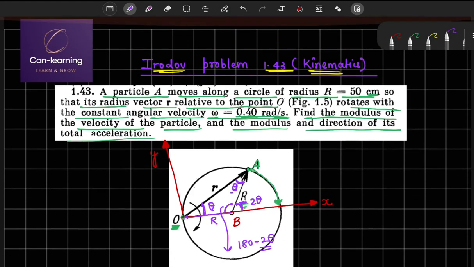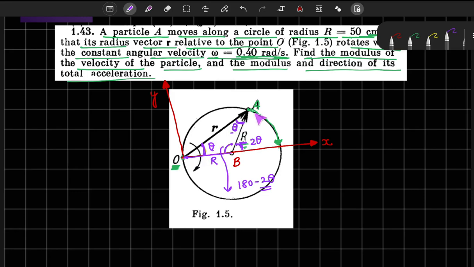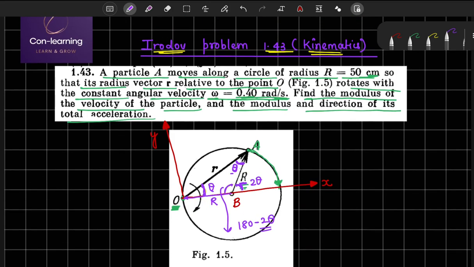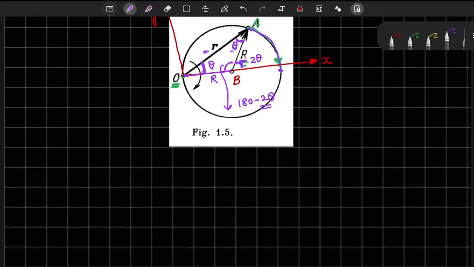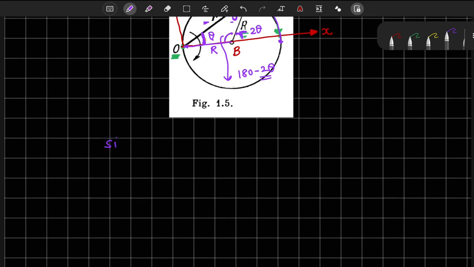Okay, and in the triangle OAB, the radius capital R equal to 50 centimeter is given, but we don't know the value of small r, and that will depend upon theta as it is moving on this circle. So for that we will apply the sine rule in triangle OAB.